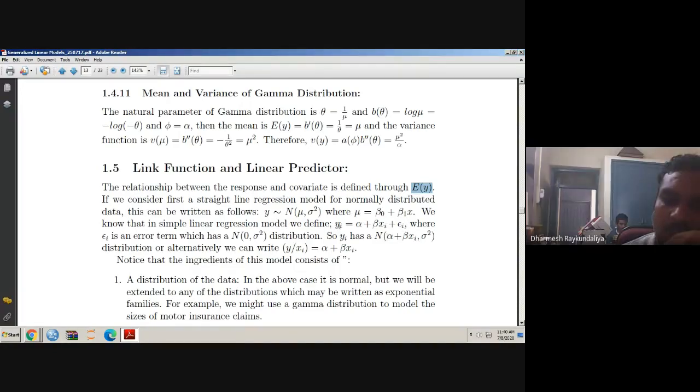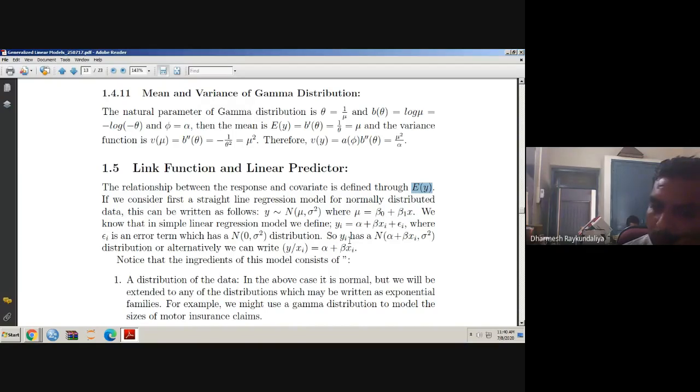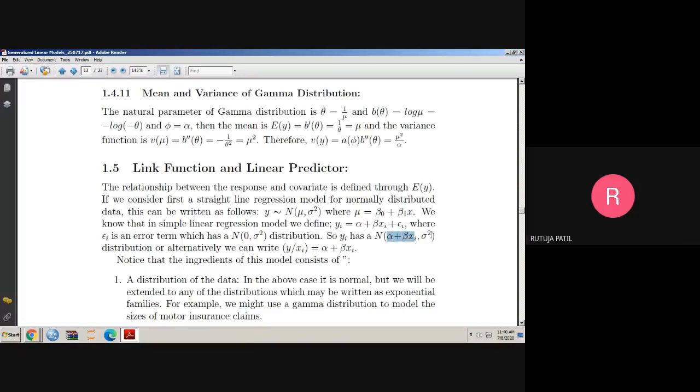Yi is nothing but the ith observed value. The error is also considered normally distributed with mean 0 and constant variance sigma square. So what is the distribution of yi? Due to the linearity property, yi has a normal distribution with mean alpha plus beta xi and variance sigma square.